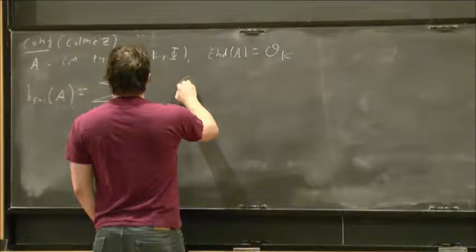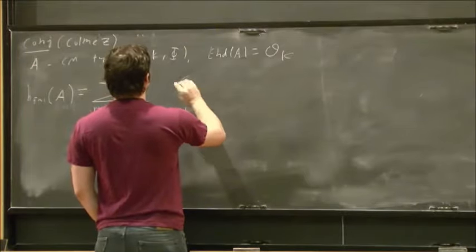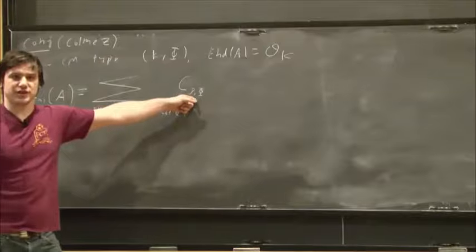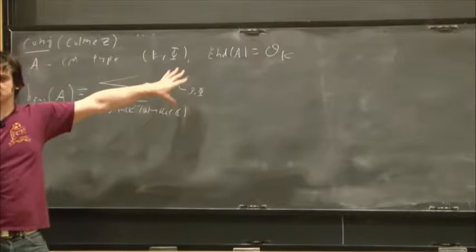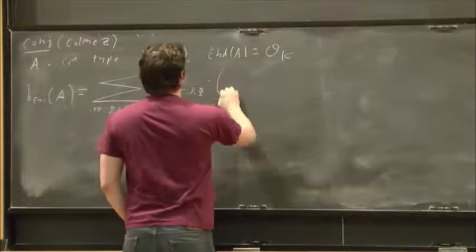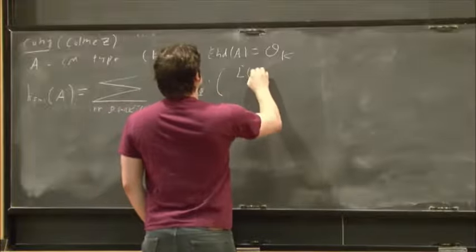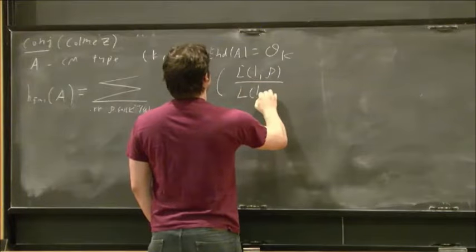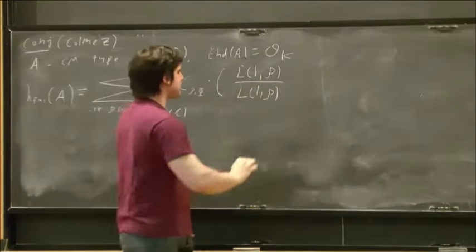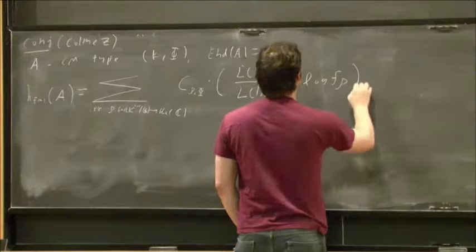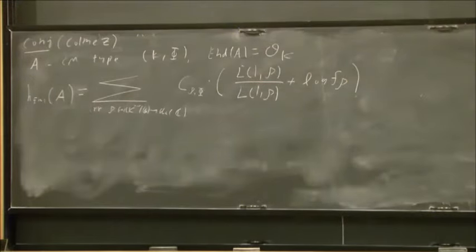And now you have some rational constants, c_phi, which depend only on the combinatorial data involved, not on the actual field, just somehow the group G together with combinatorial data of phi, multiplied by the logarithmic derivative of the L function at 1 plus the log of the Artin conductor of rho.